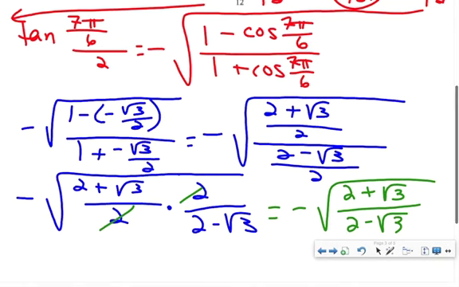Now, for some of you, you might be inclined to rationalize the denominator of this fraction inside of a radical. However, in order to end up with a cleaner answer in the end, I want you to realize that if I multiply top and bottom by 2 minus radical 3, my denominator is now a quantity squared, and my numerator ends up being something very nice and neat.